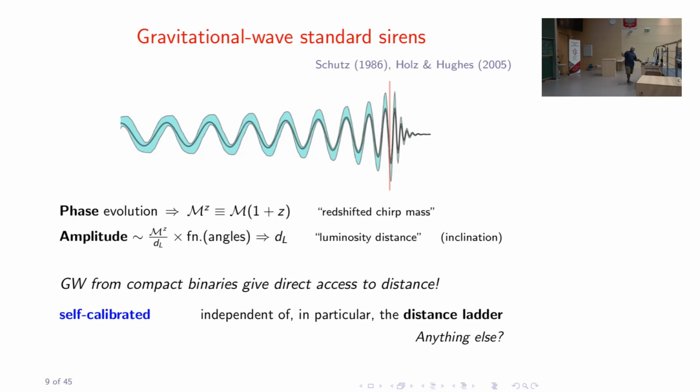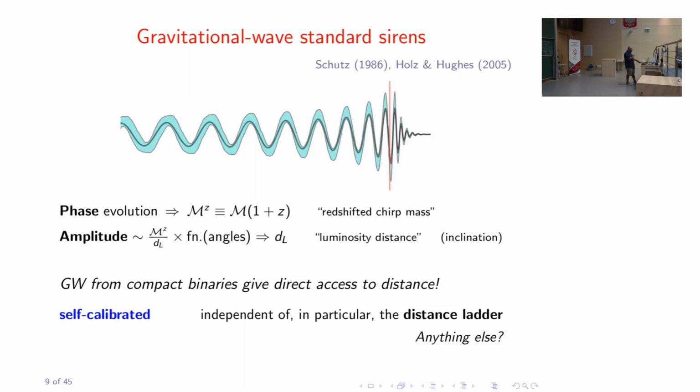However, the summary is they give us direct access to the luminosity distance. And remember from yesterday how other measures of luminosity distance rely on various steps of calibration, how you need various rounds of the distance ladder starting from parallax.